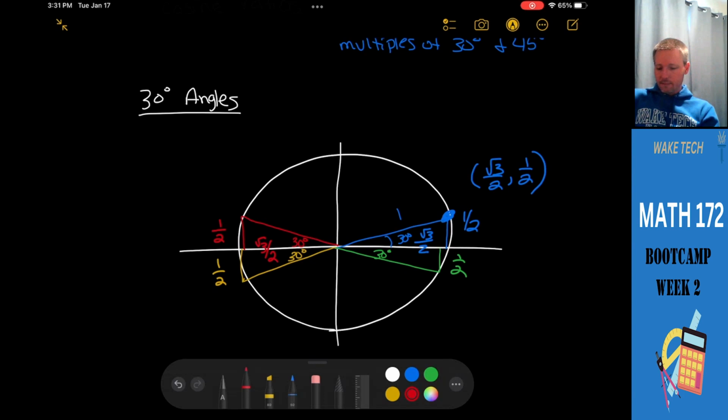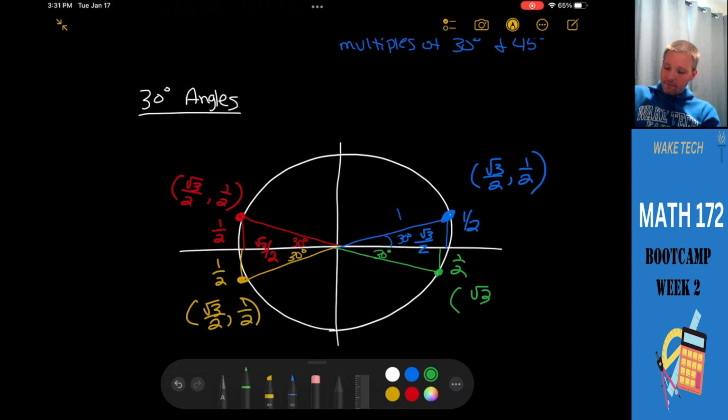So every one of them has a similar ordered pair. This red angle, it's left the square root of 3 over 2 units, and then up half a unit. The orange one here at the bottom, we again went left the square root of 3 over 2 units, and then down half a unit. And then the green one over here at the bottom, we went to the right the square root of 3 over 2 units and down half a unit.